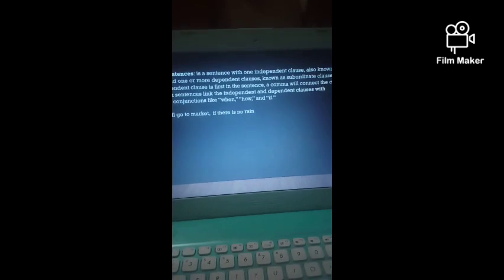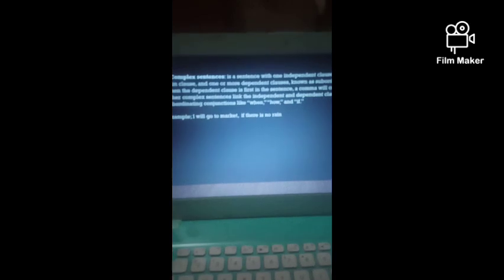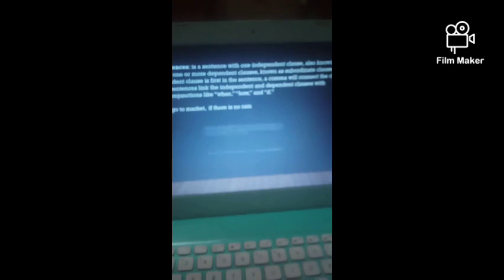Other complex sentences link the independent and the dependent clause with subordinating conjunctions like when, how, and if. For example, I will go to the market if there is no rain.